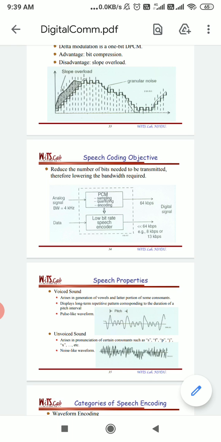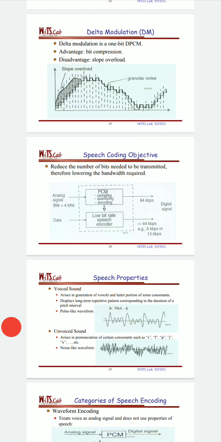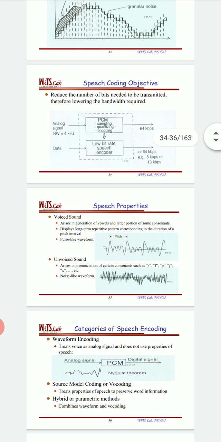Now we can look at linear predictive coding, which we use in audio signal processing. Firstly, we will see the speech coding objective. It means we want to reduce the bit rate.